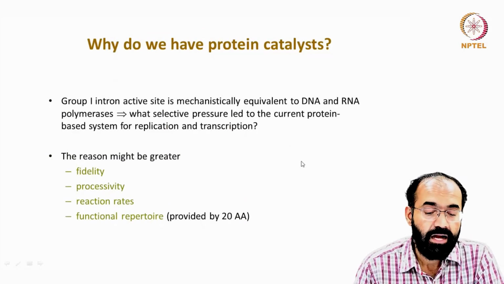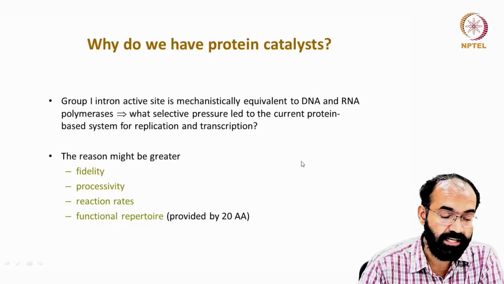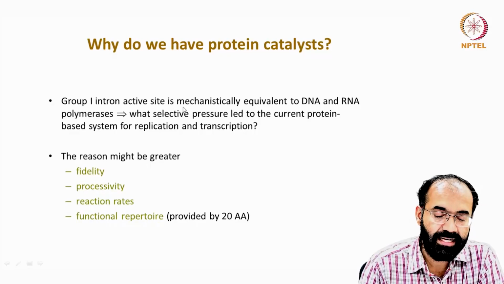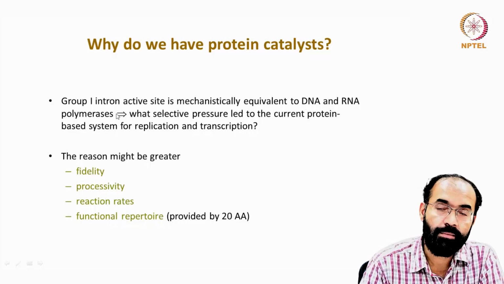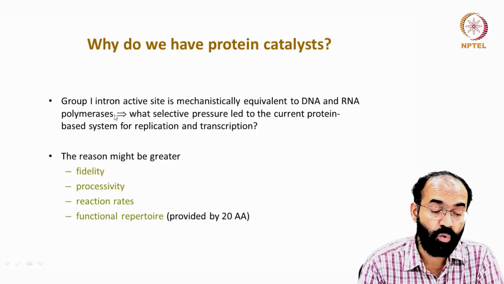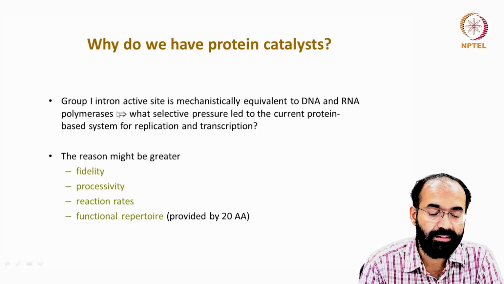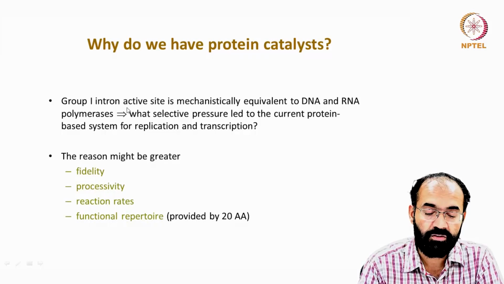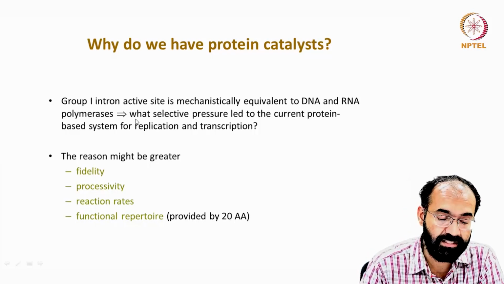Why do we then have protein catalysts? We need to have an explanation for that. We have seen that the group 1 intron's active site is mechanistically equivalent to that of DNA and RNA polymerases, which we see in protein enzymes. DNA and RNA polymerases are nothing but protein enzymes.